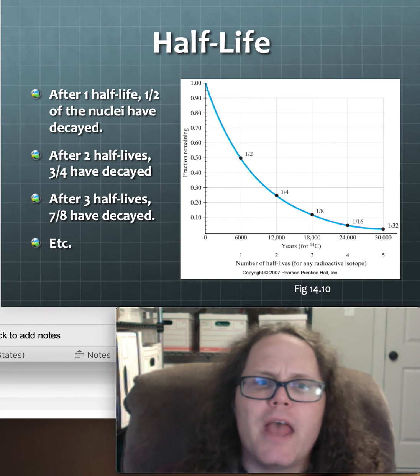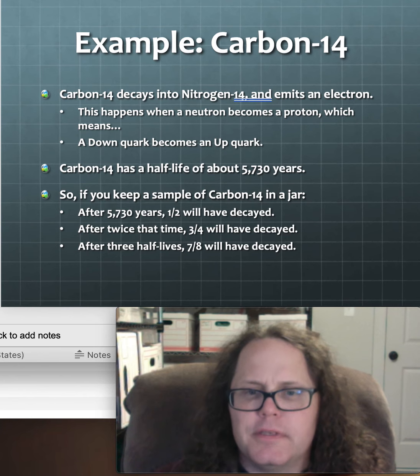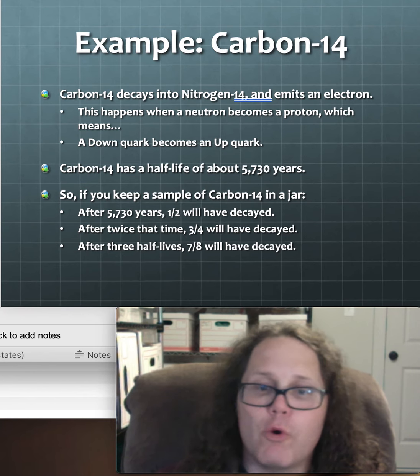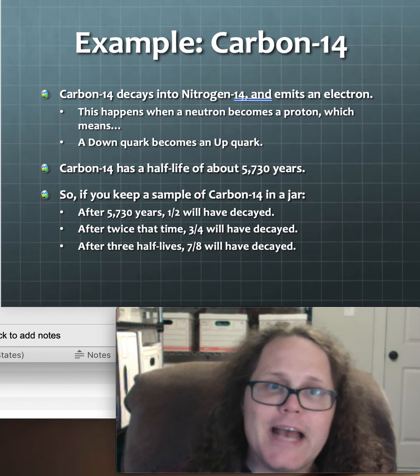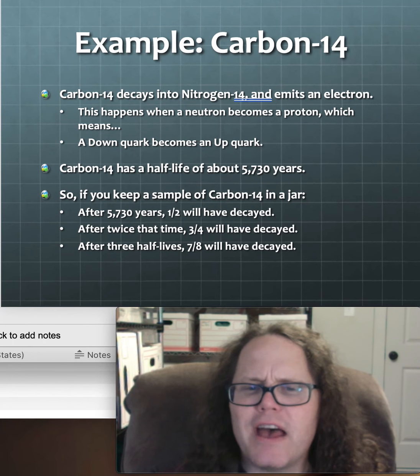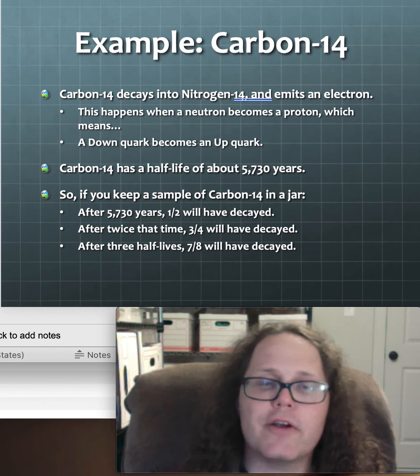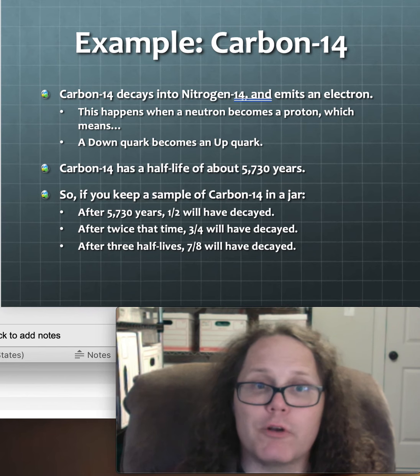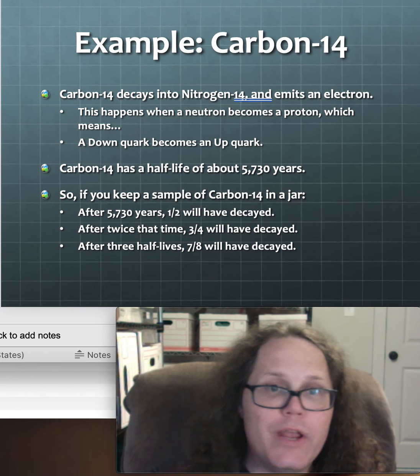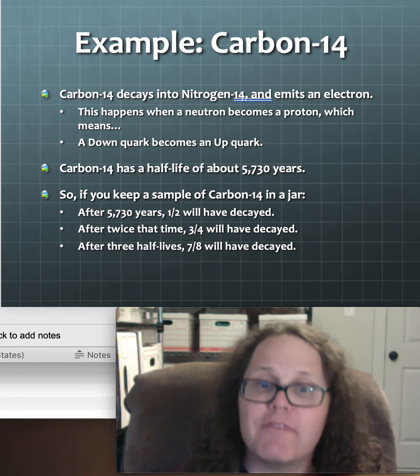For example, living organisms have traces of carbon-14, which they take in through the air. Carbon-14 has a half-life of 5,730 years. So if we find a fossil with half of its carbon-14 intact, why, we know that fossil is around 5,730 years old.